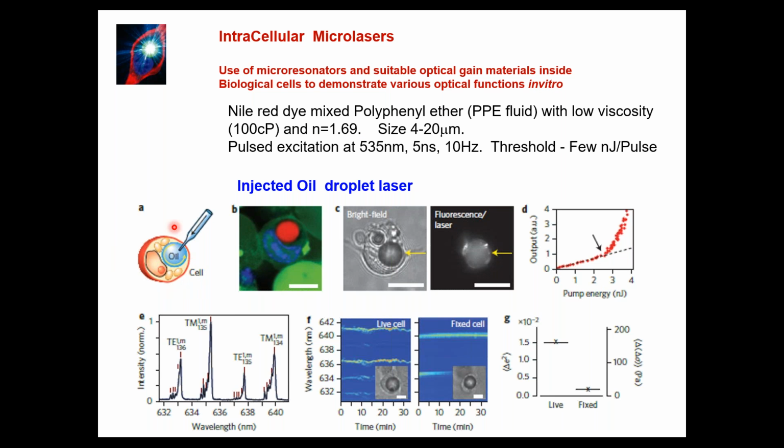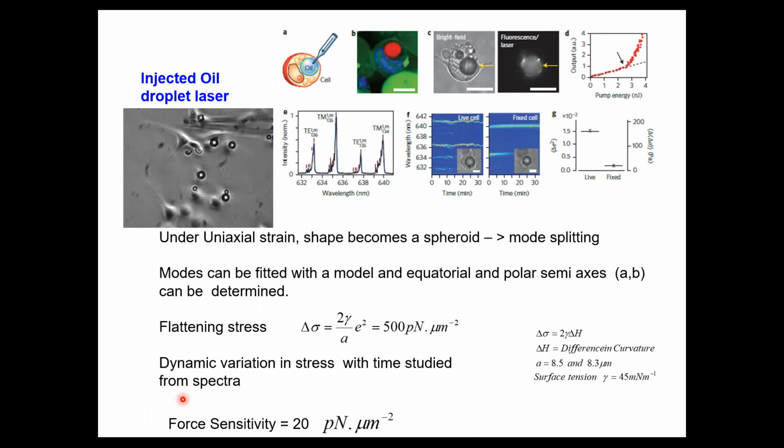For example, this is a cell, and this oil droplet is injected into the cell, and this acts as a microcavity, and the corresponding spectrum is monitored, and this is actually the laser that is coming out. The frequencies can be thoroughly monitored while applying pressure, temperature, whatever external perturbations happening. So everything is monitored using the laser that is coming out, and the calculation for that.